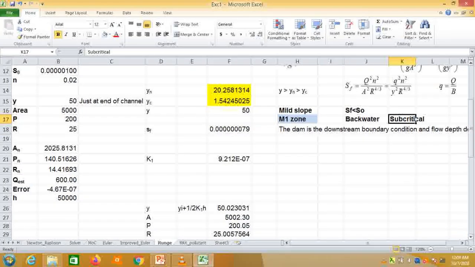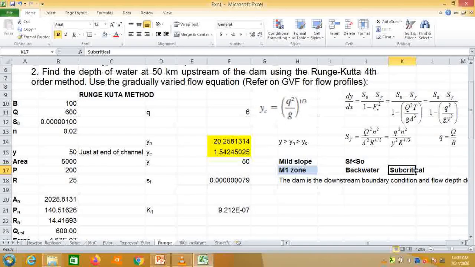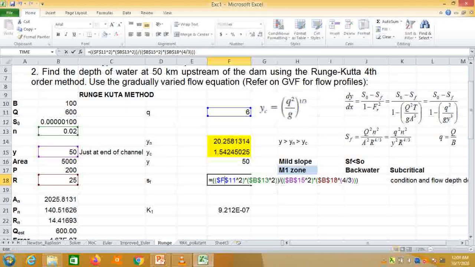That's the slope, obviously. So using these known values for S naught, you can easily calculate SF using this value: specific discharge squared times Manning's roughness coefficient squared over the actual depth squared times the hydraulic radius to the power of 4 over 3. So we know SF already.